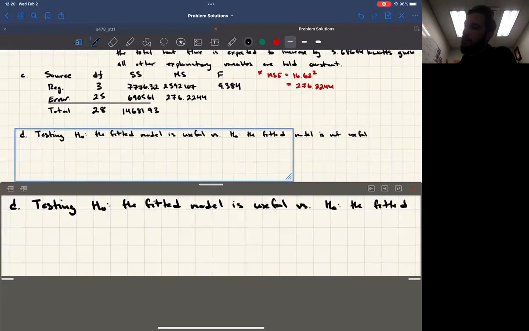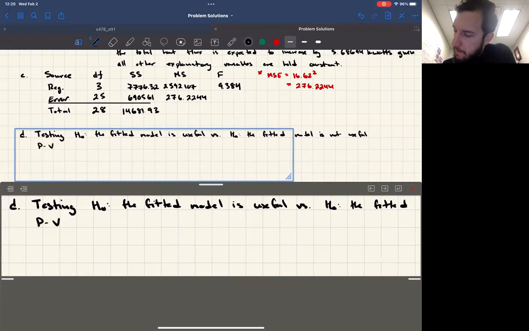So let's, I'll give you the p-value for this. Okay, so this will be fairly representative of what's going to happen, in the case that you need something like a p-value or a critical value, you can assume for the quizzes that I'll give them to you. So let's assume that we had the p-value here.